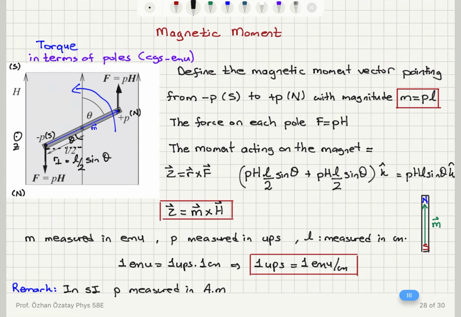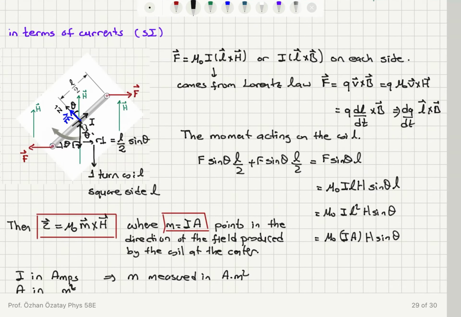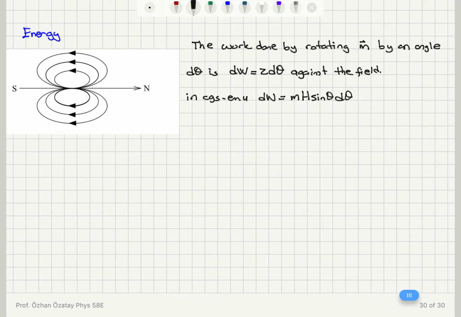So for the torque we had basically p times l is the magnetic moment, so this is going to be m h sine theta in k hat direction here. So m h sine theta d theta is the work. So this will be equal to m, which is pole strength times the distance between the two poles, h sine theta d theta.